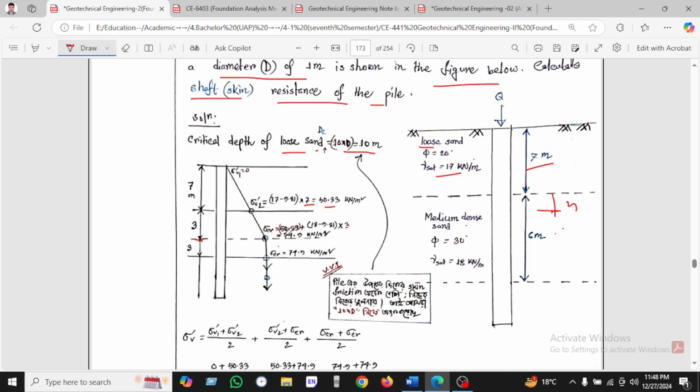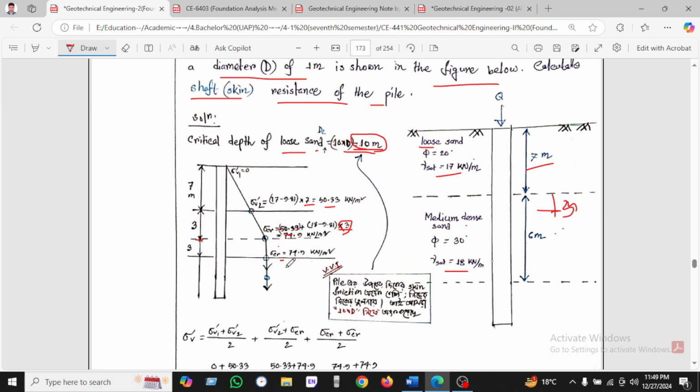And this layer equals 50 plus 18, which is given here, 18 minus 9.81 into 3. Why is it 3? Because we are getting that 10 meter. That's why it remains 3, and found 74.9 kilonewton per meter cube.